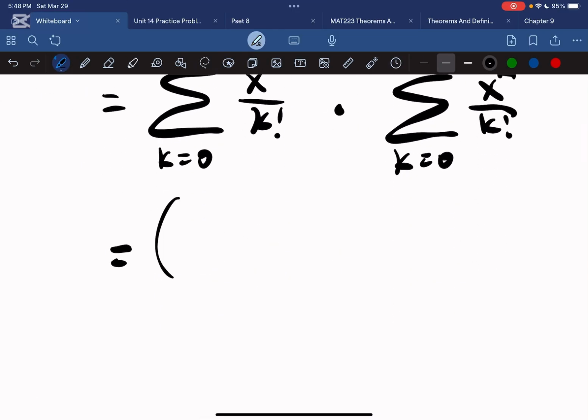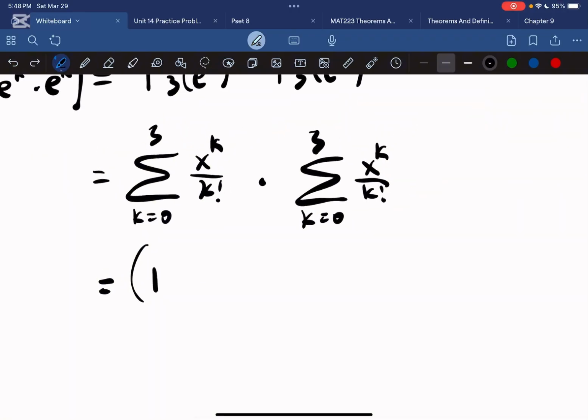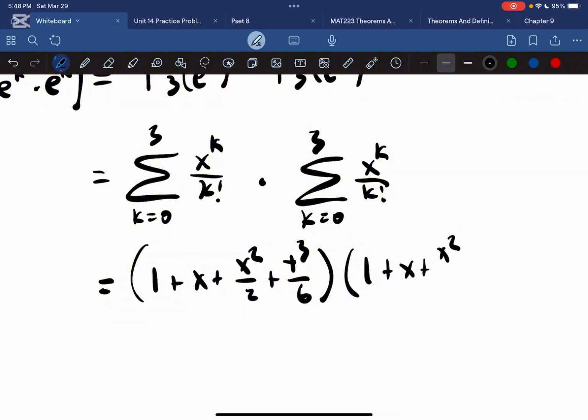And we can see this is equal to 1 plus x plus x squared over 2 plus x cubed over 6, all times 1 plus x plus x squared over 2 plus x cubed over 6.